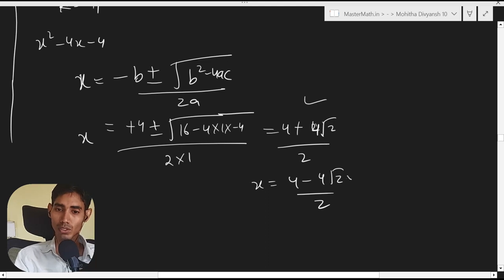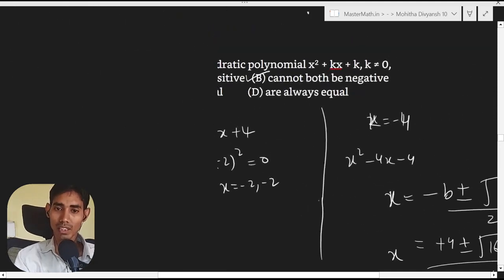So we got two values, and these values are not same. One is with positive, so second one is with negative. Both answers are different. All right. Yes, sir. So they are always equal is also not right.